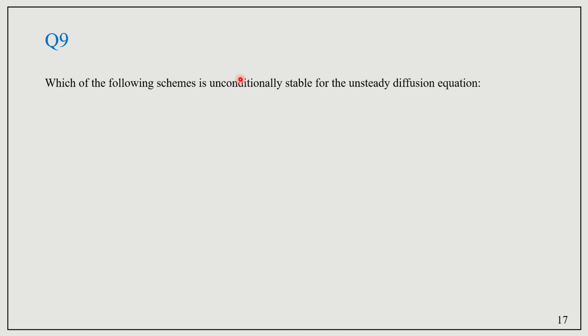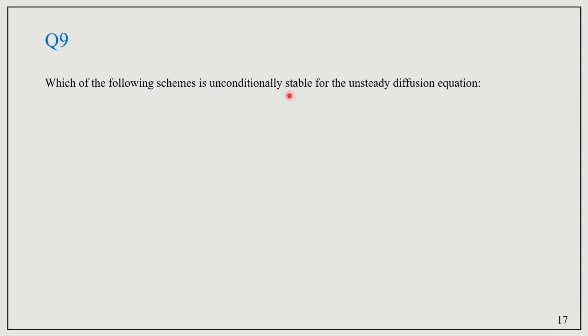Now we will go to question 9. In question 9, what is asked is: which of the following schemes is unconditionally stable for the unsteady diffusion equation? I repeat, which of the following schemes is unconditionally stable? In the last slide we saw when a system is conditionally stable and when it will be unconditionally stable.